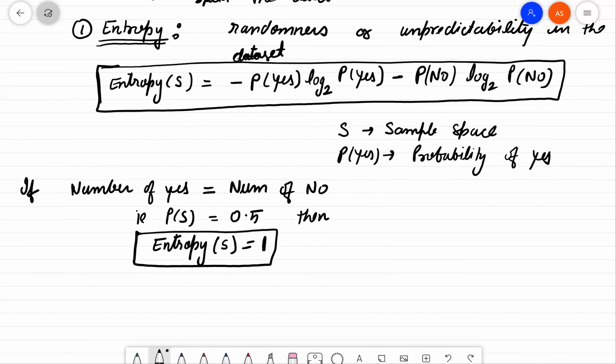Okay, so if we have the number of outcomes equal, number of yes equal to number of no, then the entropy will be 1.